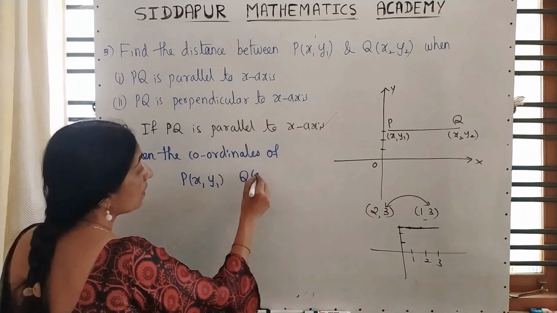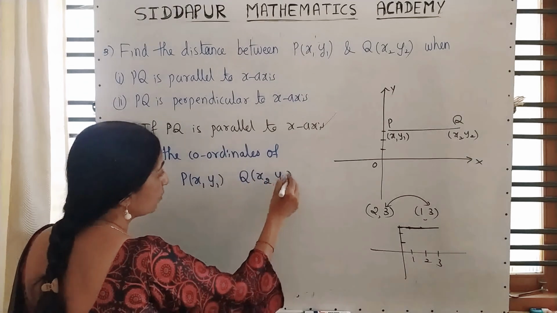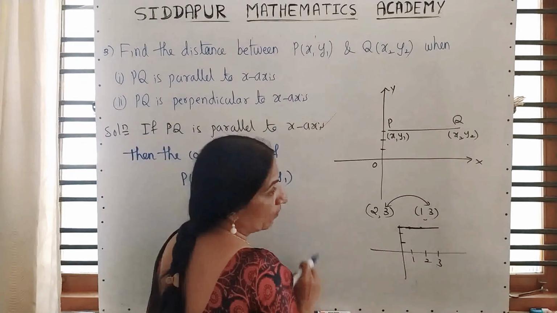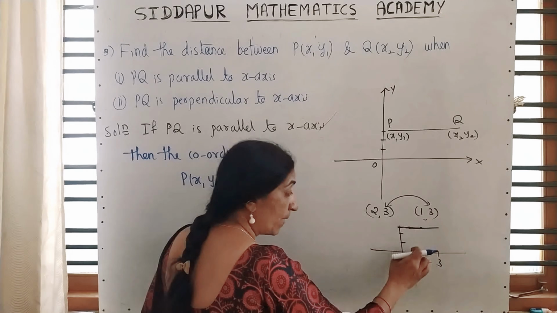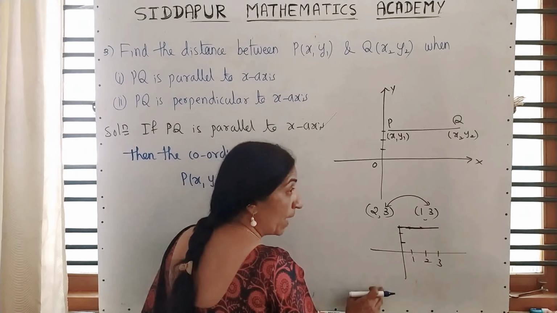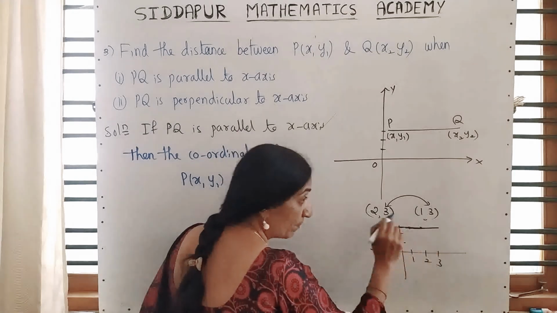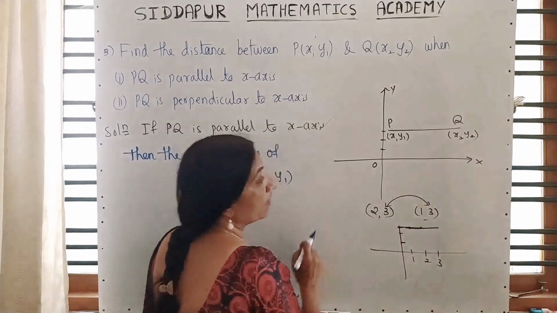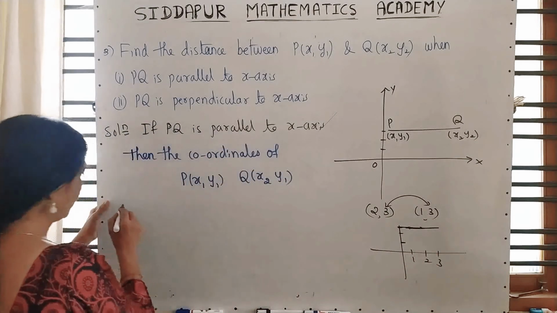Q is (x2, y1). Understood? Here I explain with the help of example. If it is parallel to x-axis, y coordinates are same. If it is parallel to y-axis or perpendicular to x-axis, their x coordinates are same.